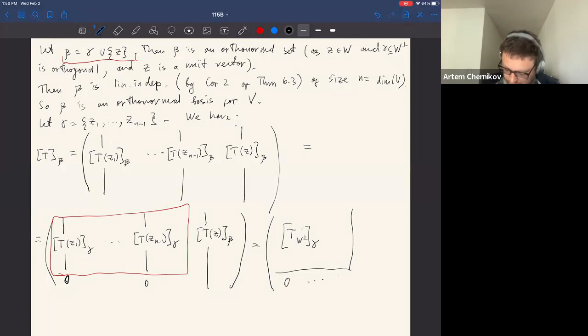We have a bunch of zeros here, and we have the final column, T of Z with respect to beta. And remember, we know that the matrix of T restricted to W perp with respect to gamma is upper triangular.